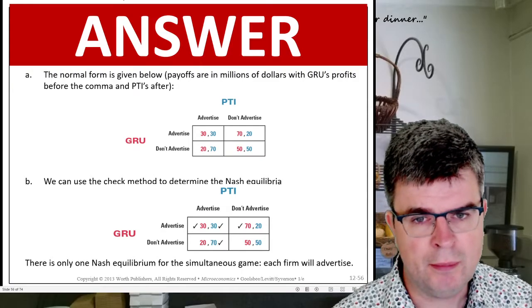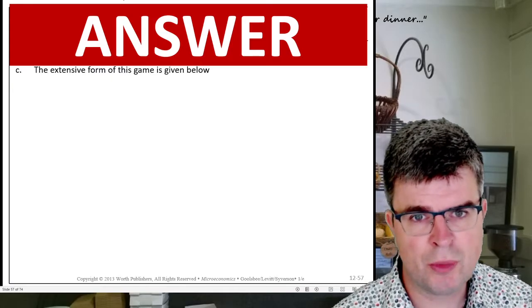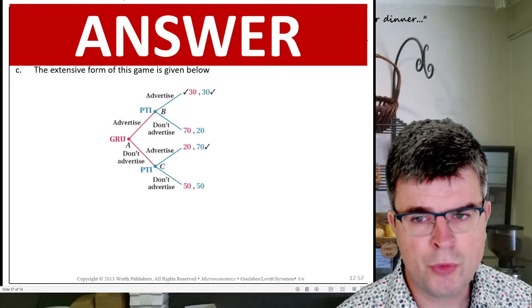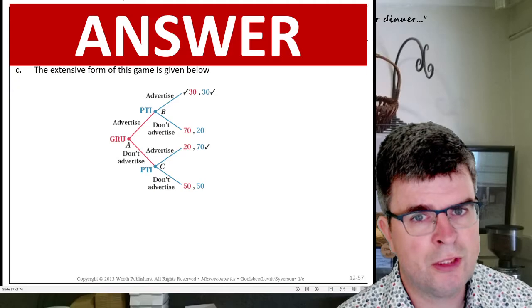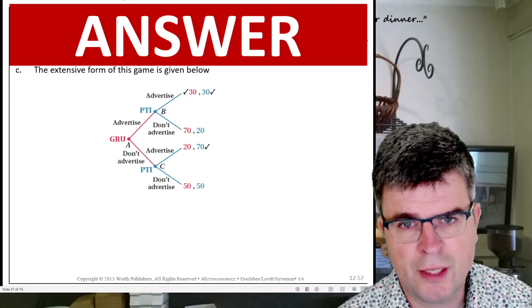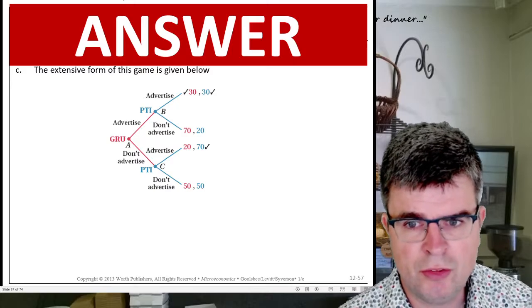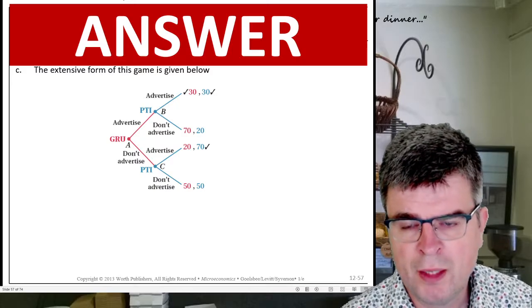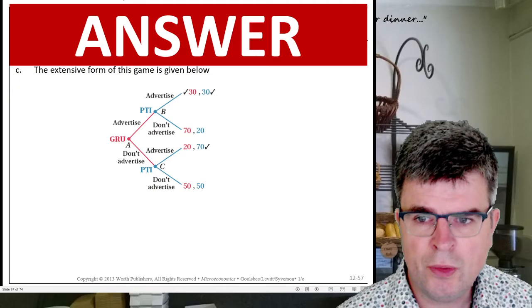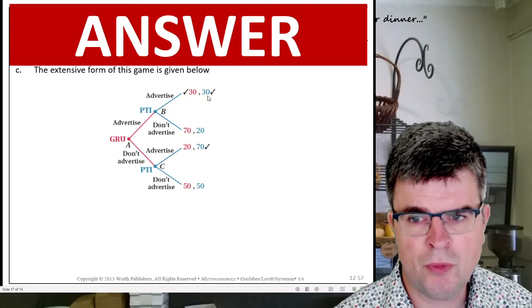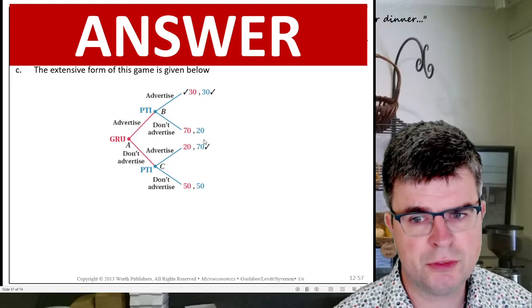Then we move to the extensive form of the game, when the game is played sequentially. GRU moves first and needs to decide whether to advertise, followed by PTI, who can observe the decision made by GRU. Going through the options, conditional on GRU advertising, it's optimal for PTI to advertise as well.